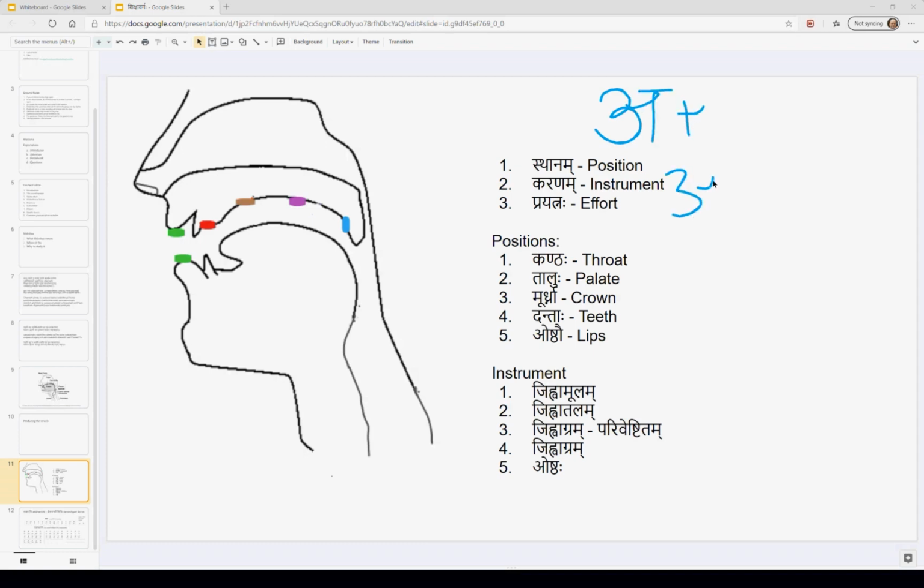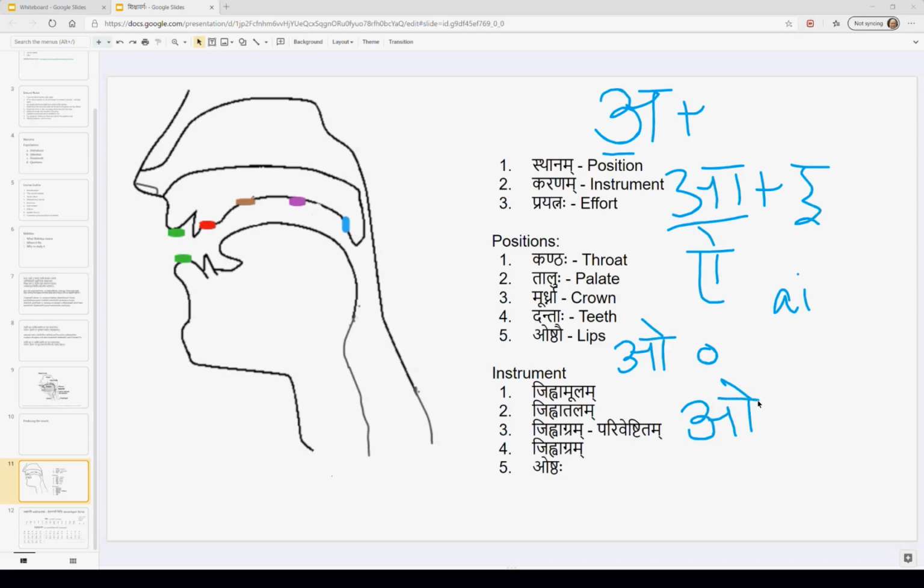O plus E, we have got A, then A plus E, we are getting I. So I is also another Sandhakshara. Similarly, let me just finish writing this. A plus U, we got O, and this long A plus U, we get O. So this O also should take 2 matras, 2 units.